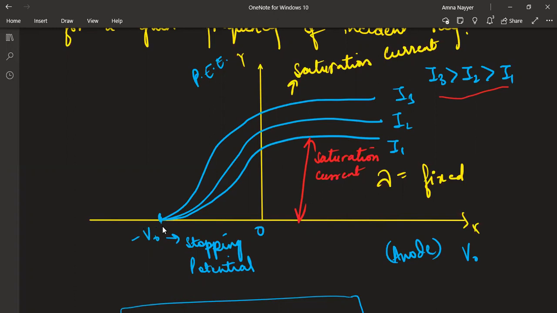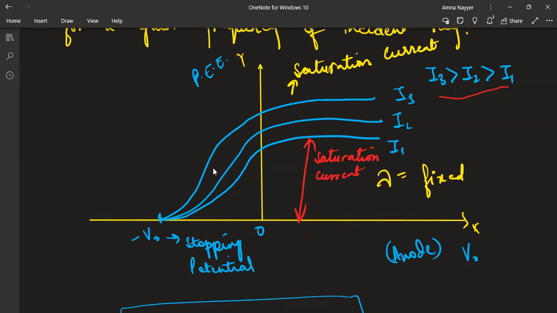Now see, what is happening? The current is slowly increasing, and the maximum saturation point is reached when no more current increases. So the intensities are different. If you increase the intensity, the graph will differ: it will have the same starting point, but the current's value will be a little more, and then again it will become saturated.